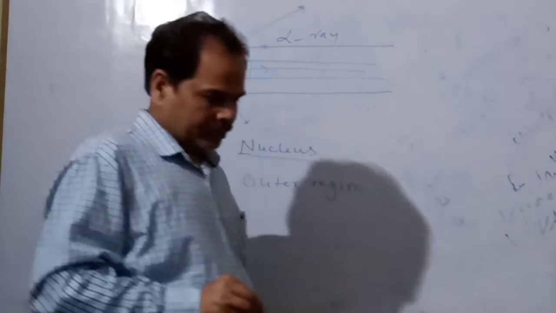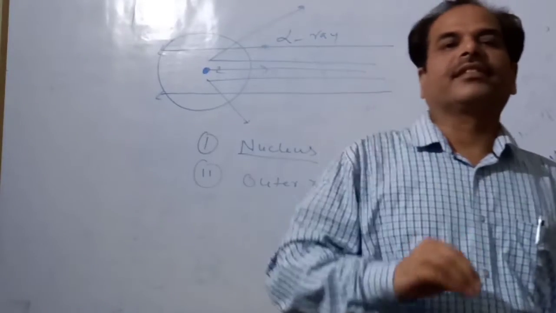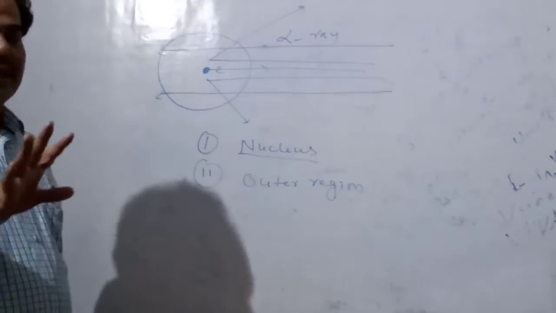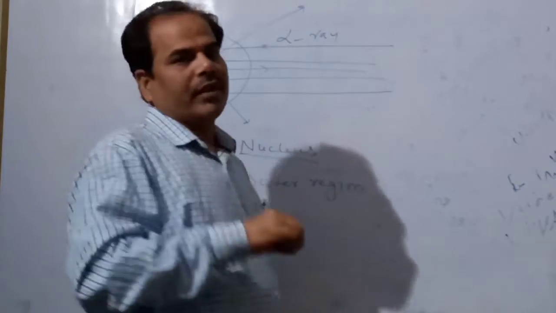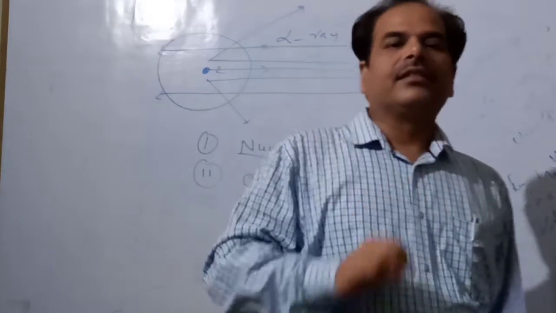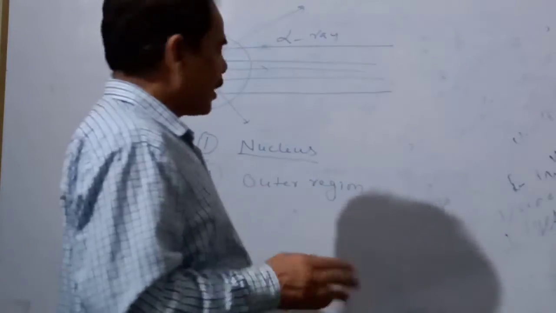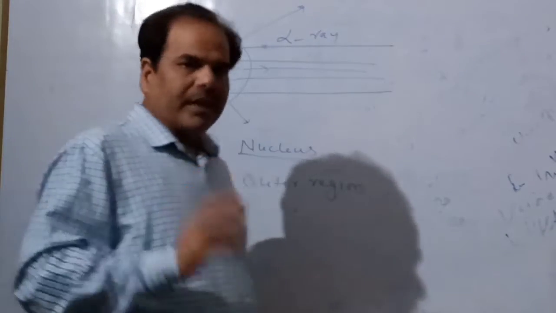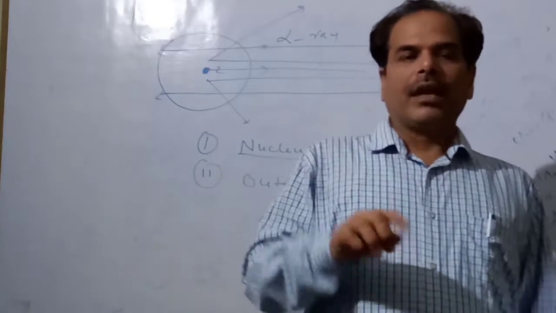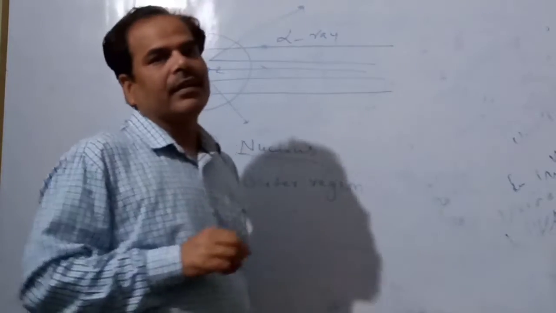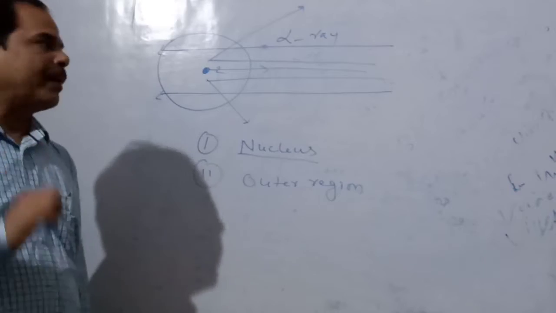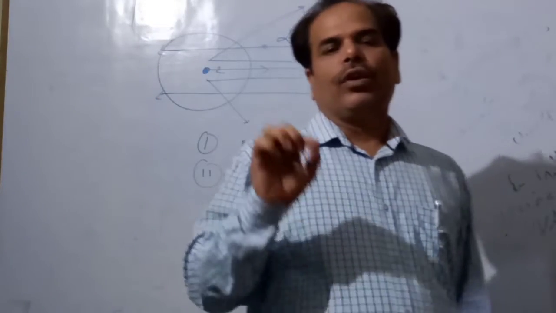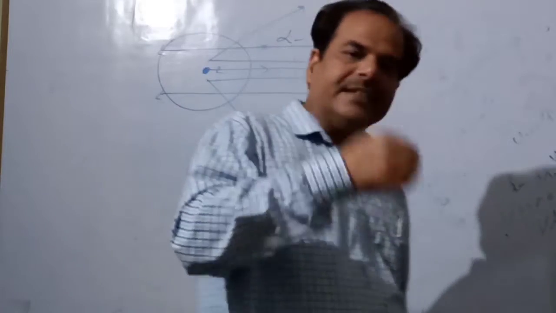Now, some drawbacks are also present in the Rutherford atomic theory. First, according to Maxwell theory, if a charged particle moves around another charged particle, then the moving charged particle loses its energy.